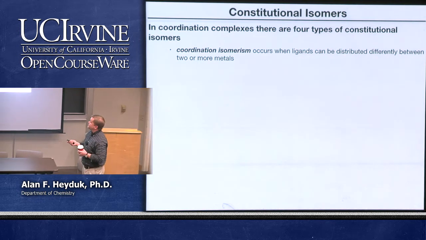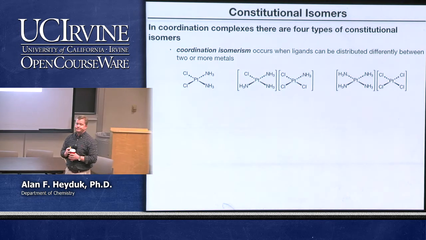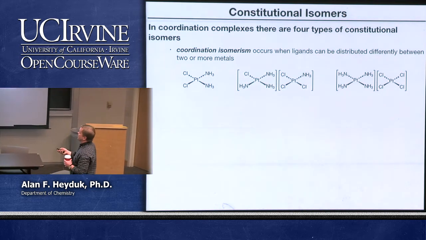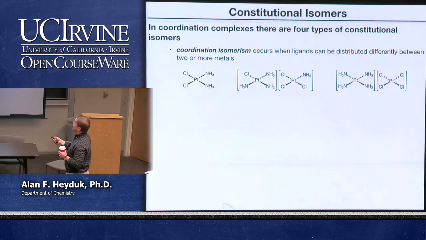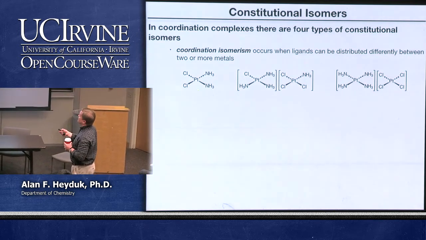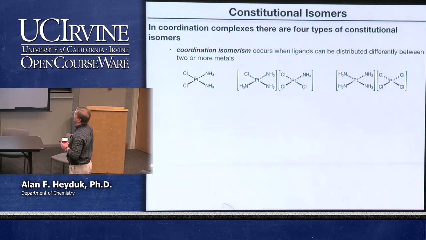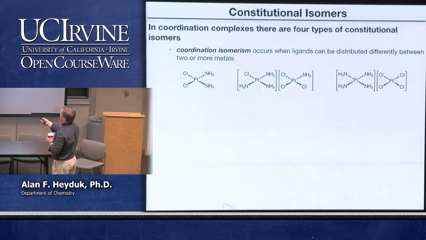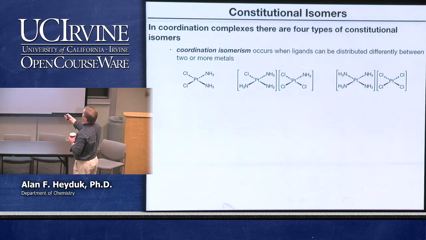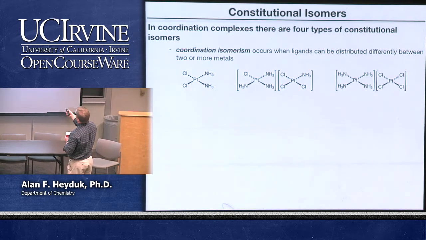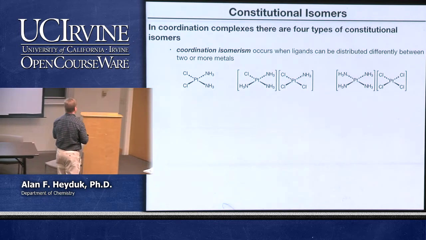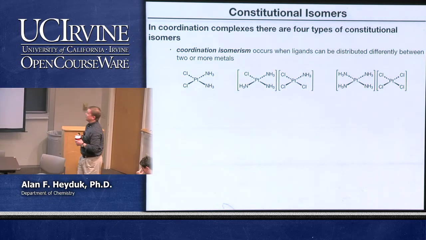So coordination isomers are something that we've seen, and this is our platinum example. Okay? We can have cisplatin. We can take a chloride off of one platinum, transfer it to another, so we have a monocationic platinum and a monoanionic platinum, or we could have a dicationic platinum with 4 ammonias and a dianionic platinum, platinate, with 4 chlorides.